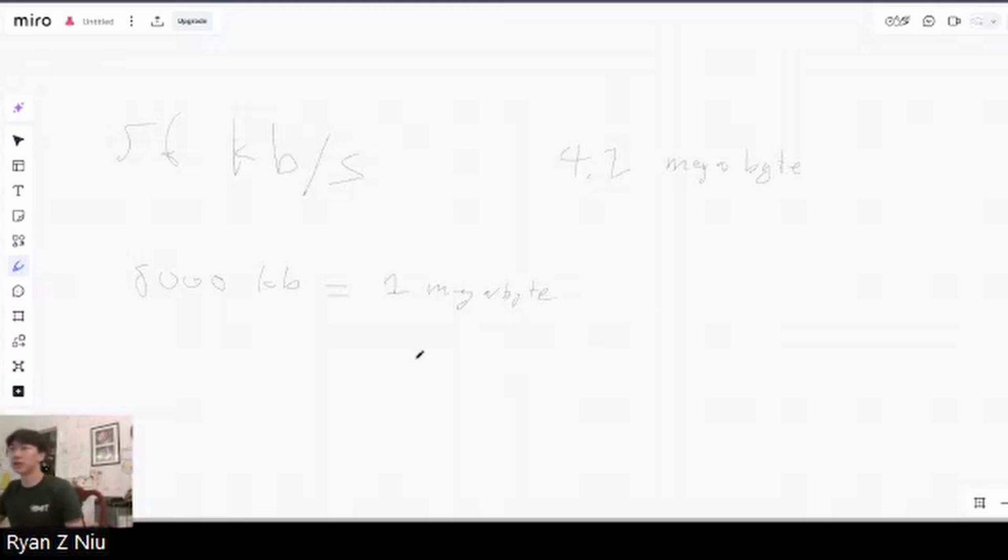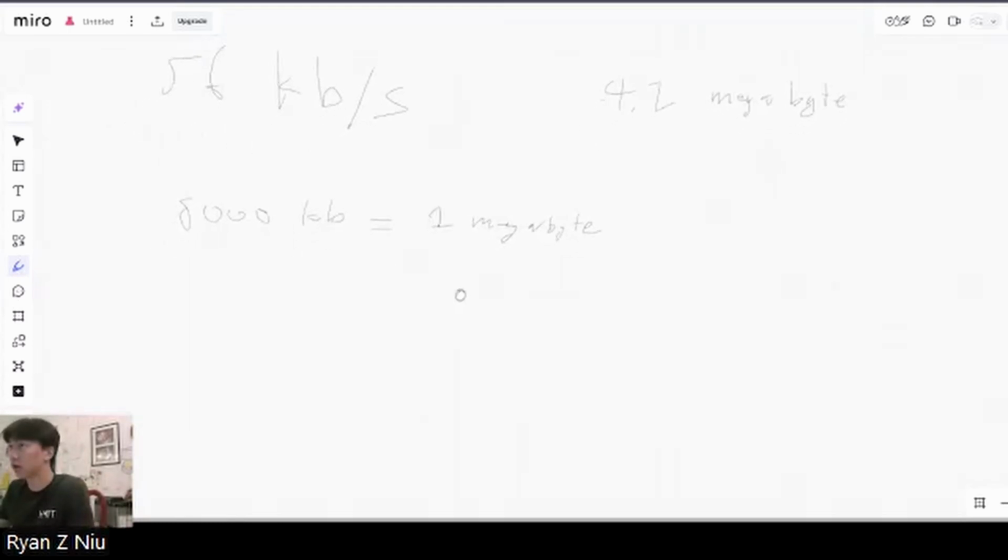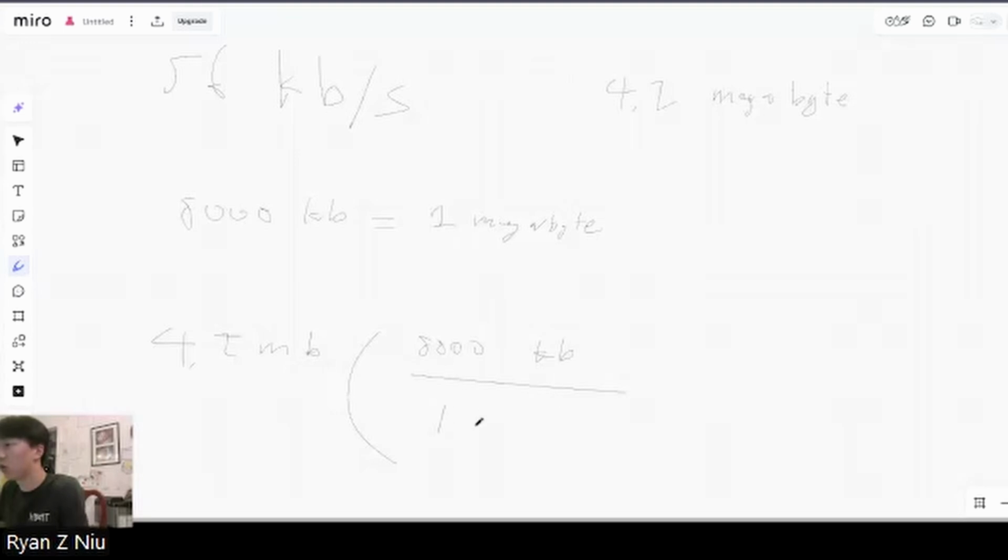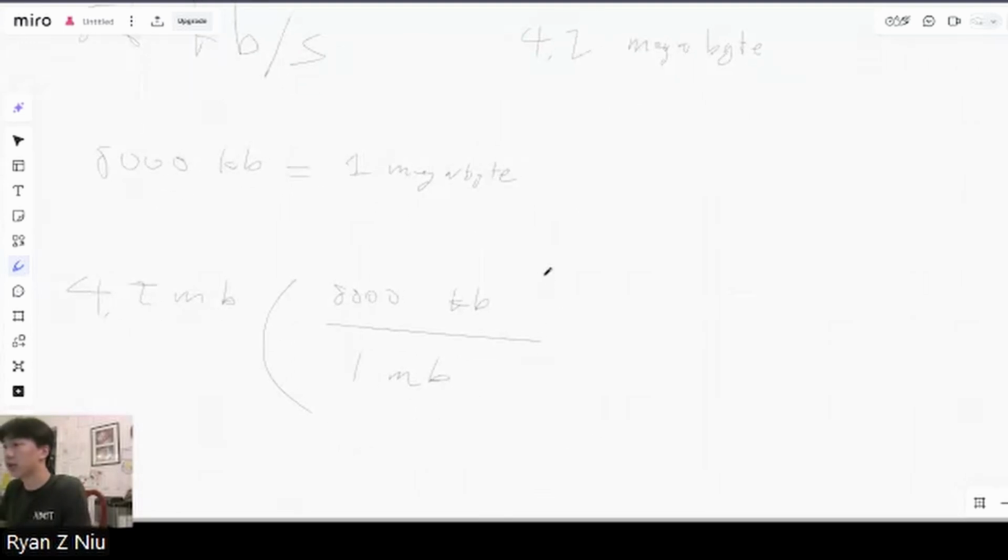Okay, so now this is a prime example of conversion factors, right? So we start with our 4.2 megabytes. I'll just shorten it to MB so that it's easier to write. And so we know, right, for every 8,000 kilobits, we have 1 megabyte. So 8,000 kilobits over 1 megabyte, right?